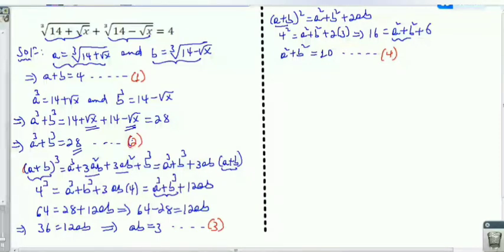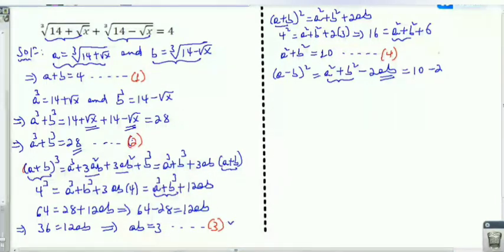We can proceed with the other one. It's not an assumption, it's a fact. The fact is a minus b the whole square is a square plus b square minus 2ab. From the fourth equation, we know that a square plus b square is 10, minus 2 times a times b, which is 3 from the third equation.